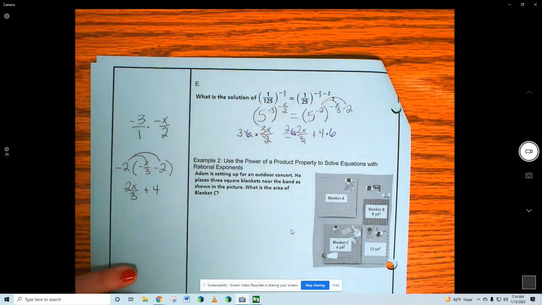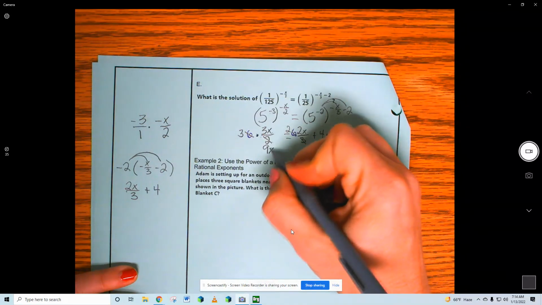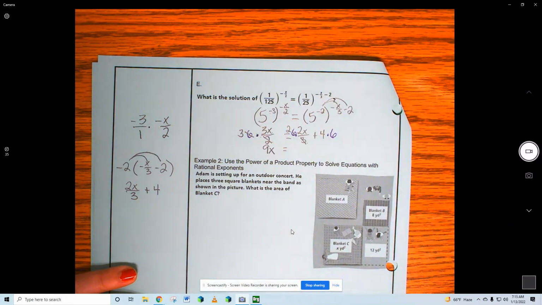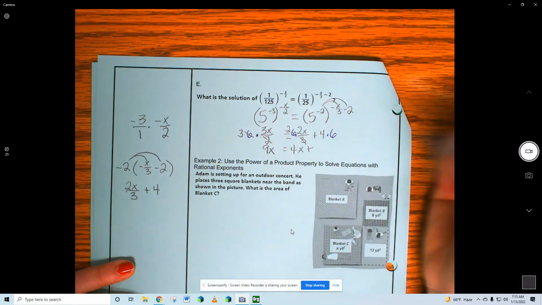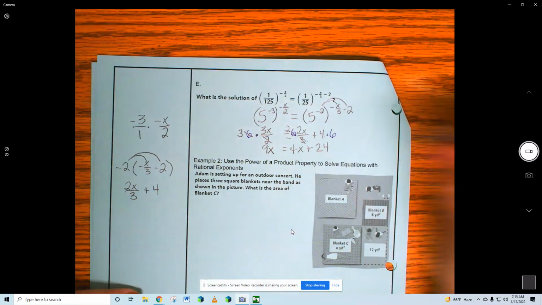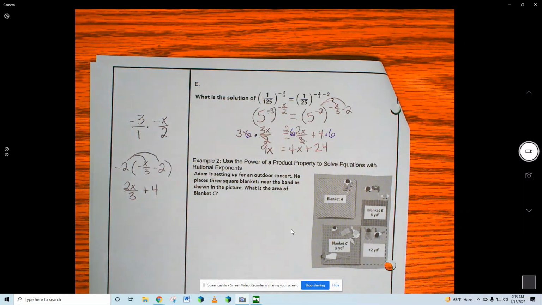So 3 times 3x, 9x. 2 times 2x, 4x, plus 4 times 6, 24. And this is not hard at all.